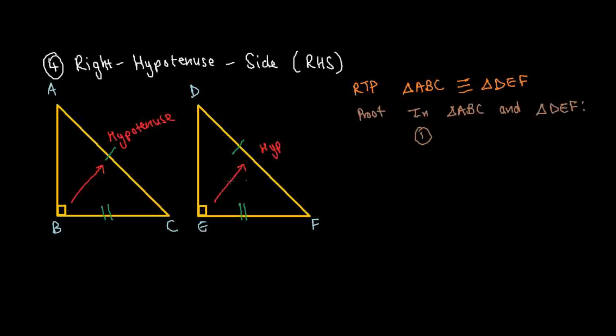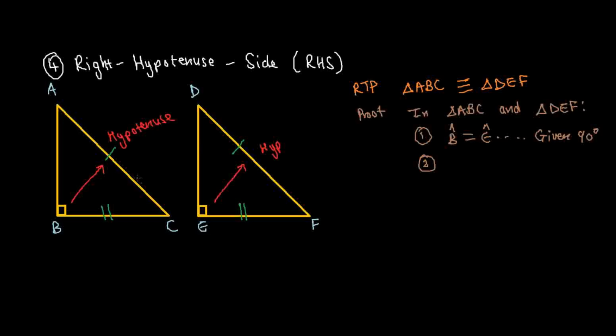Firstly, I notice that both triangles have an angle in common. Angle B is 90 degrees and angle E is 90 degrees. So I can say that angle B is equal to angle E. Why? Because they are both 90 degrees. So you can even say given that they're both 90 degrees. The second point that I notice is that the two respective hypotenuses are equal to each other.